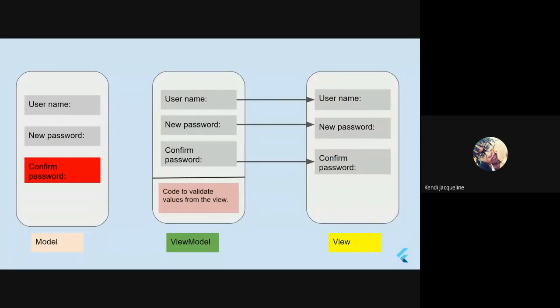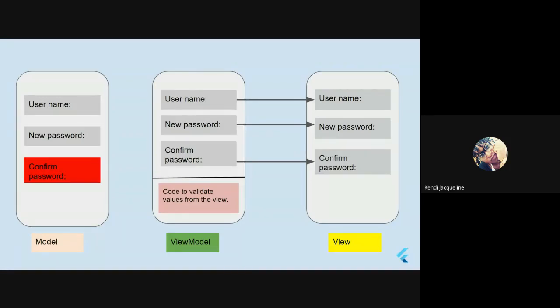And as I said earlier, the confirm password is not something that you need to write on the model because it's not the information that you write on the cloud. And it's going to be an issue if you map the model directly to the view because you haven't validated it on the view model.